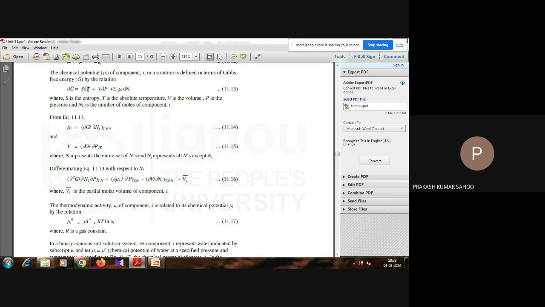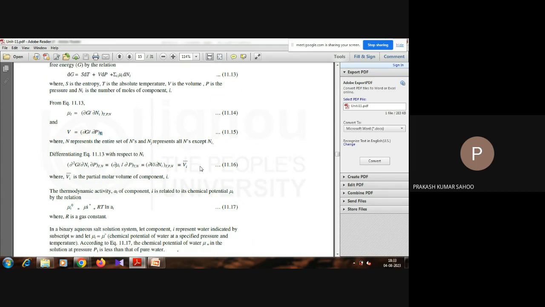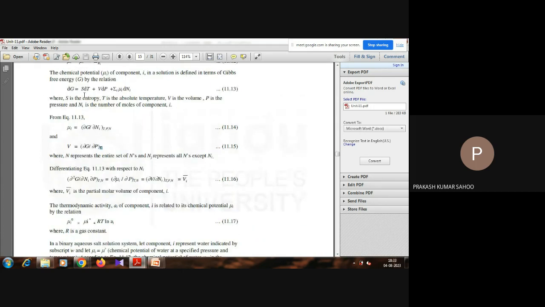So V equal to dG by dP at constant temperature. This T at the bottom of this equation is written, so that means it is the constant term. Similarly, if I write for entropy, what will be the equation? dG by dT at constant pressure. This will be the equation for your entropy.